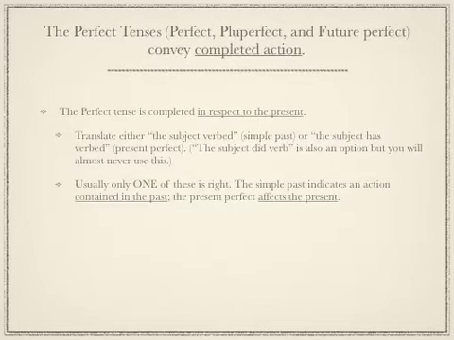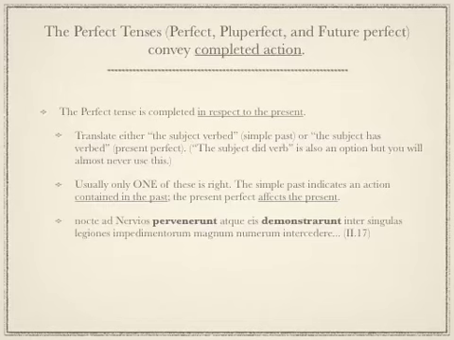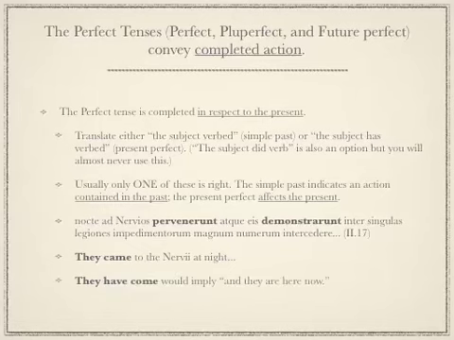The simple past is an action contained in the past, which is not redounding on the present. The present perfect has an immediate impact on the present. So, here we say that they came at night to the Nervii and showed to them that a great number of baggage were proceeding between the individual legions. They came to the Nervii at night, not they have come to the Nervii at night.